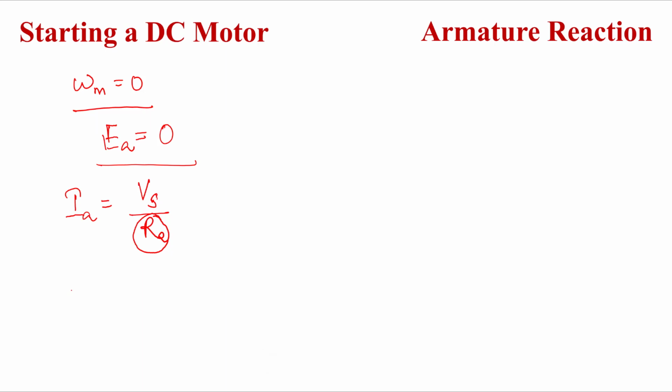If it is very small, then if I immediately apply 220 volt, let us say, and it is 0.1 ohm, then it will become 2200 ampere. So as 2200 ampere immediately flows in the armature circuit of the motor, what will happen? It will burn, right? So your motor will be damaged completely.